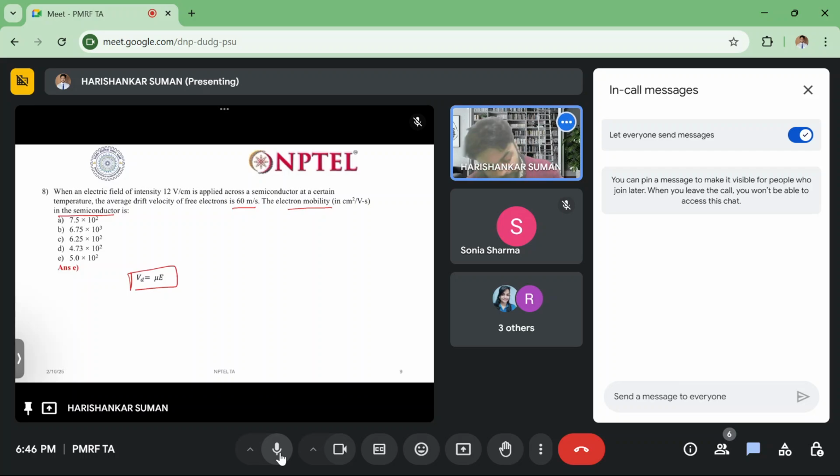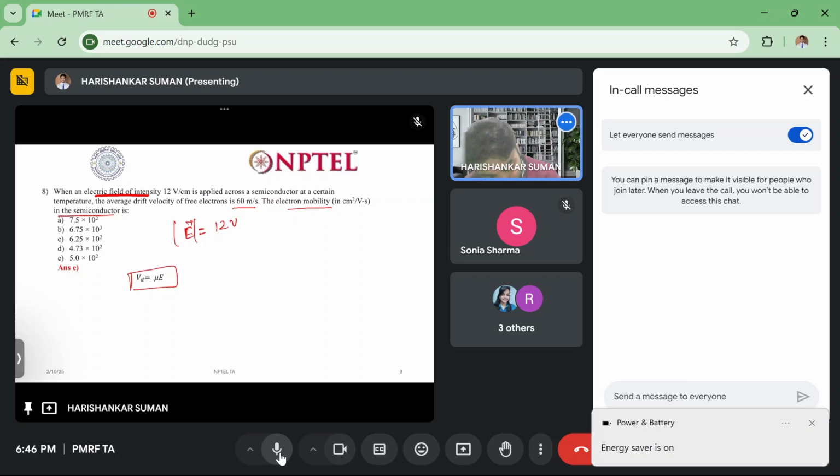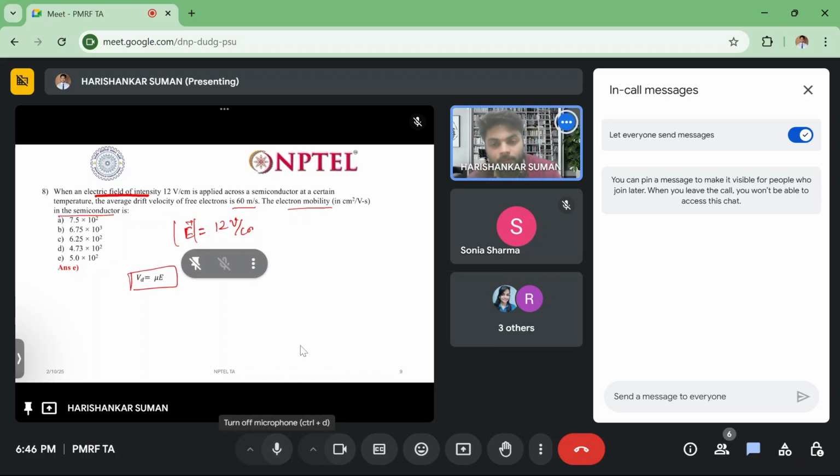Please solve this question. Electric field intensity is 12 volt per centimeter, and average drift velocity for electron is Vd, 60 meter per second.